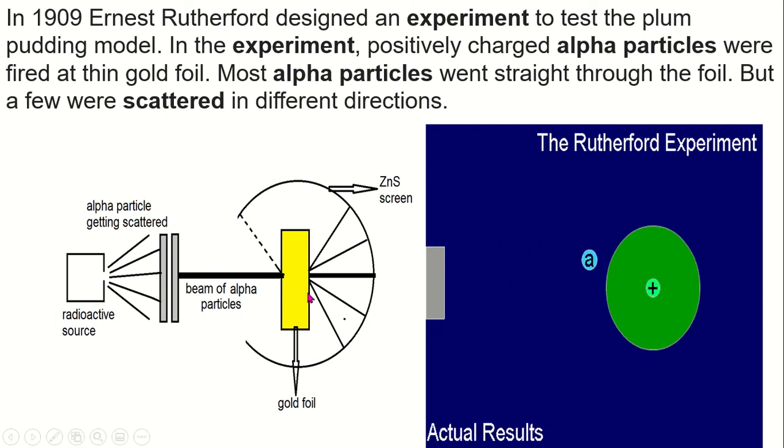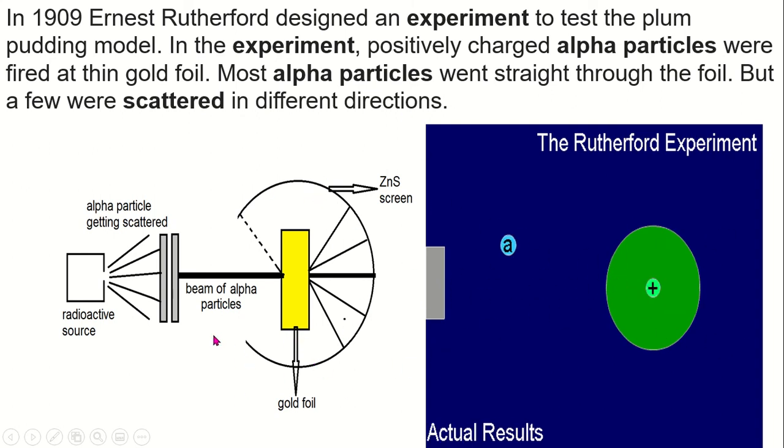On the other side of the gold foil, there is a movable zinc sulfide screen. When an alpha particle is incident on the screen, fluorescence is observed. That means this screen is light sensitive.